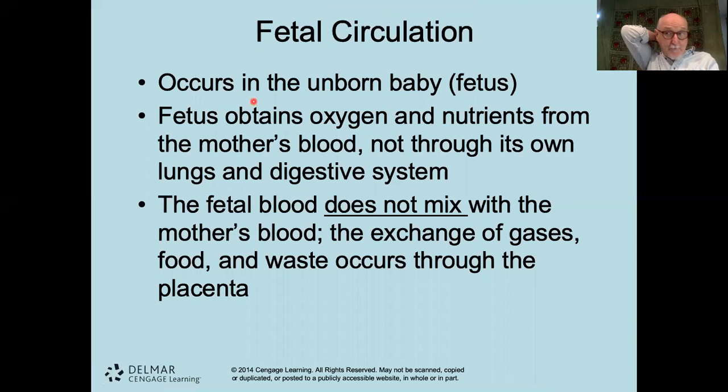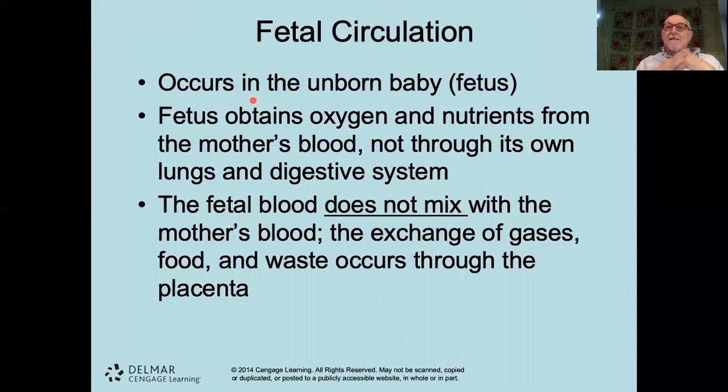Okay, and the last special circulatory system that I'll mention is the fetal circulation. So a fetus in the uterus obtains all its oxygen, all its nutrients, etc., from the mother's blood, but not through its lungs or its own digestive system. All of the oxygen and the nutrients pass from the mother's blood to the fetus's blood system across the placenta.